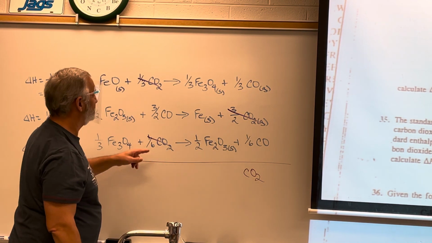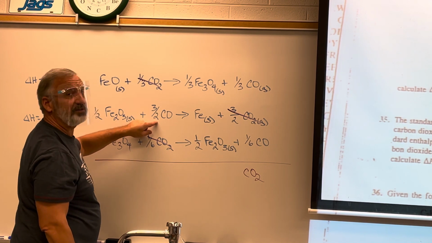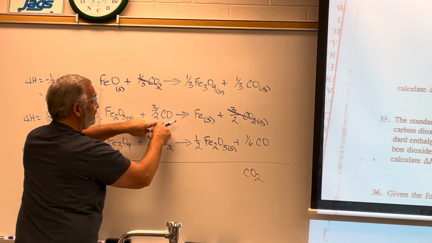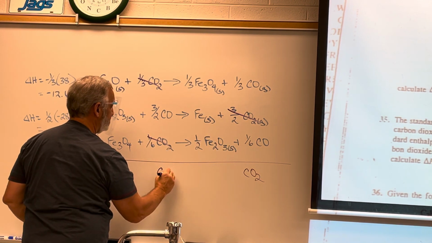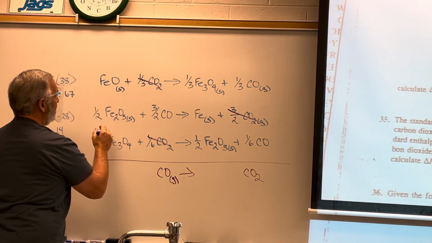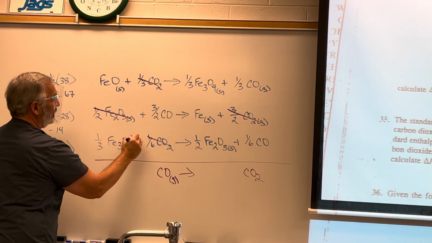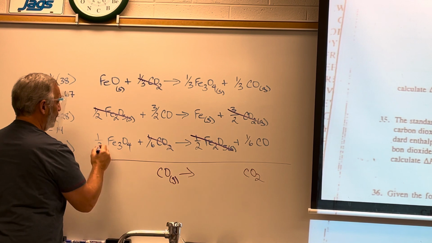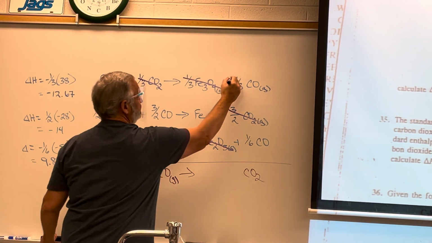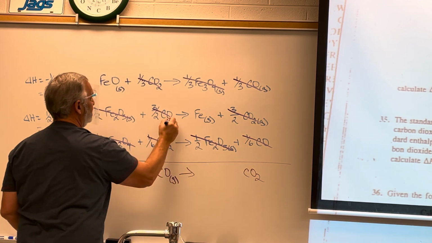My COs are basically the same thing on the other side. 1/3 and 1/6 makes 1/2, you have 3/2, so you're just going to get the 1 CO on this side. 1/2 Fe2O3, 1/2 Fe2O3, 1/3 Fe3O4, 1/3 Fe3O4. My COs I've already taken care of.